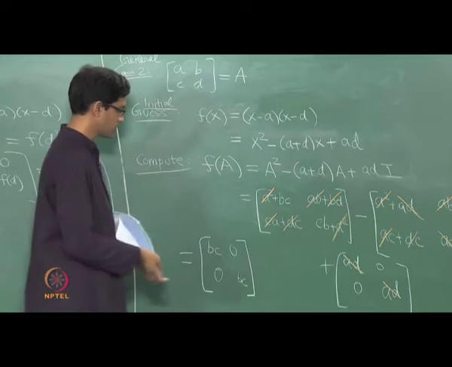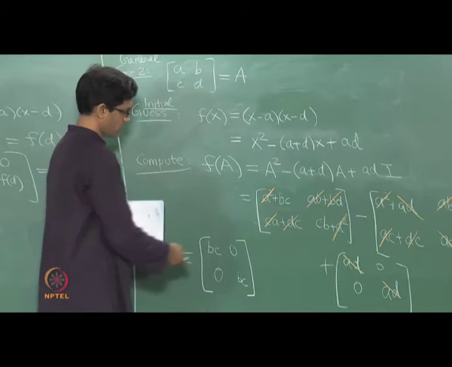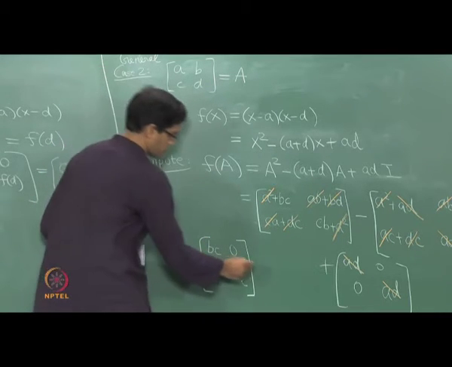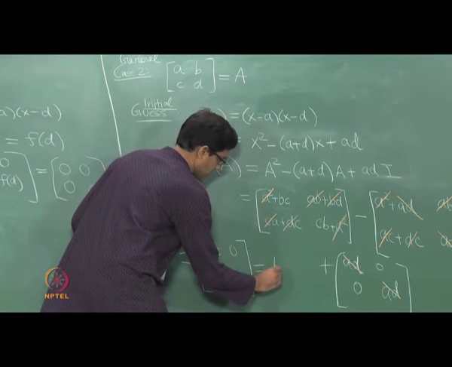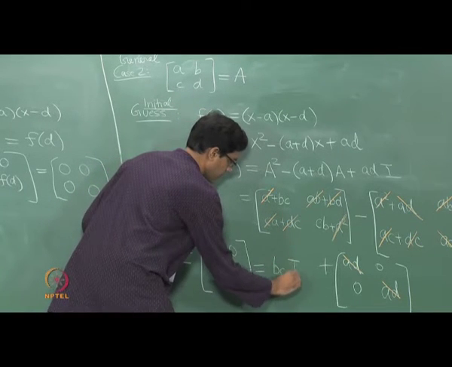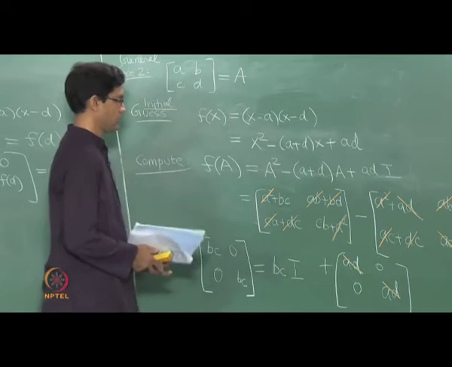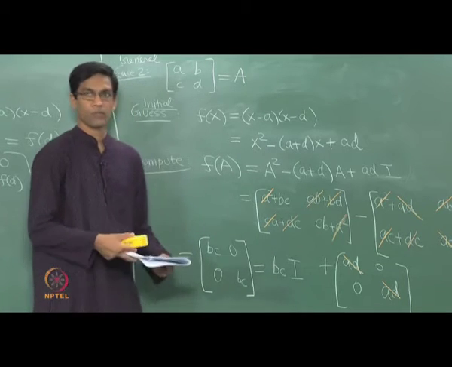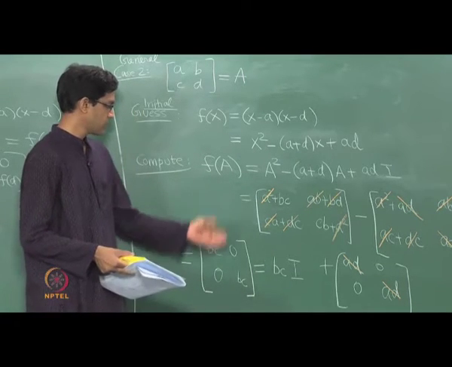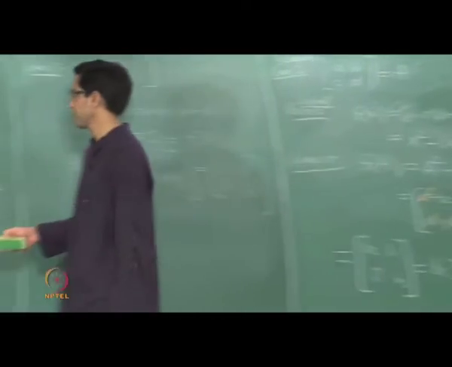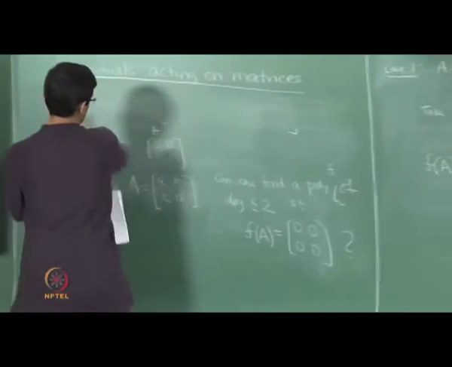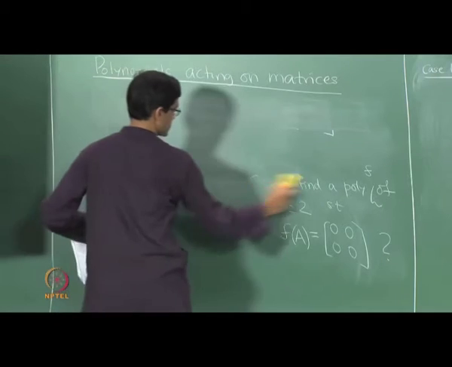Well, this is still not too bad, because observe that the answer that we obtain finally is actually just bc times the identity matrix. Okay. So the polynomial f applied to A just produces bc times the identity. So it is easy to see how to modify this.